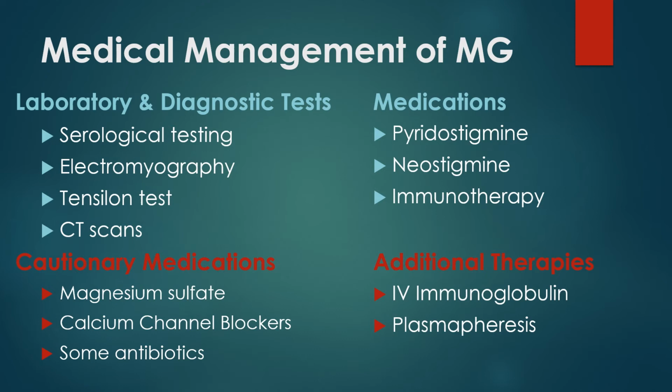The reversal agent is atropine and should always be available during this test. Again, that's the Tensilon test. The CT scan is used to evaluate the patient with MG for thymoma. Remember, that's the tumor, and it originates from the epithelial cells of the thymus.